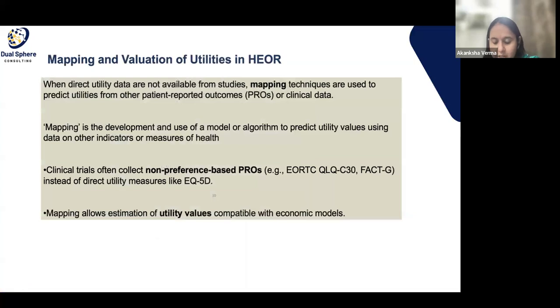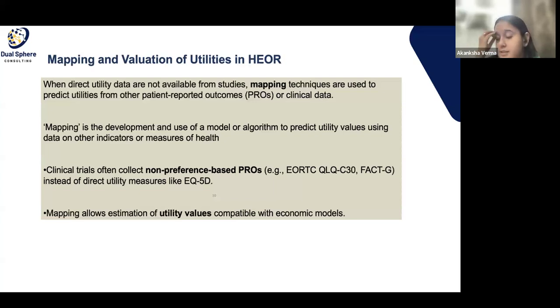Now we have understood what utility values are. Now, mapping and valuation of utilities in HEOR. When direct utility values are not available from published sources, we take help of mapping techniques. It helps you to predict values from patient reported outcomes or clinical trials.